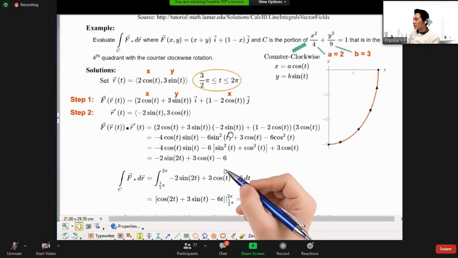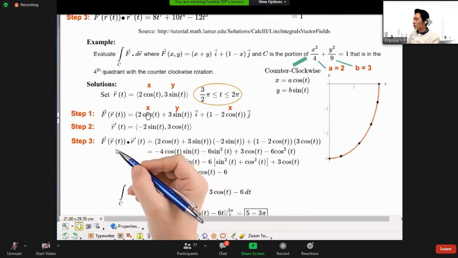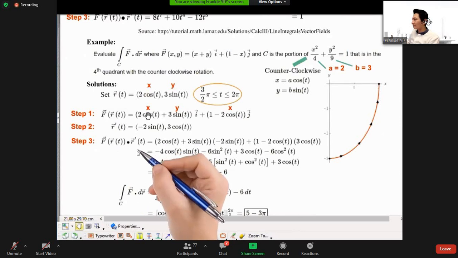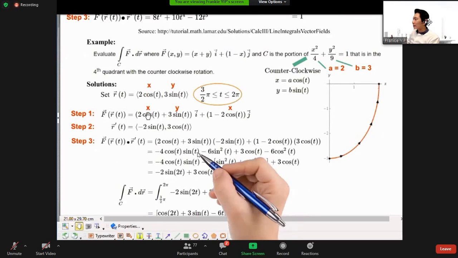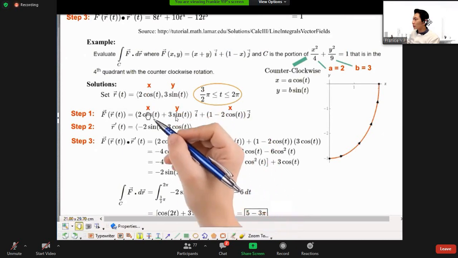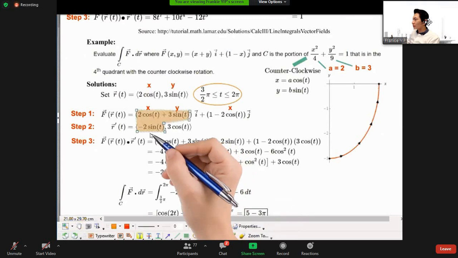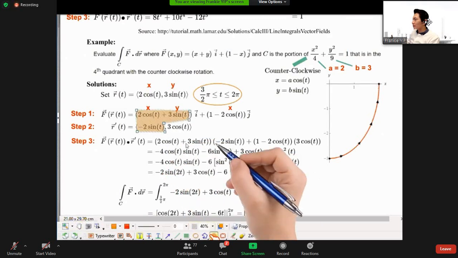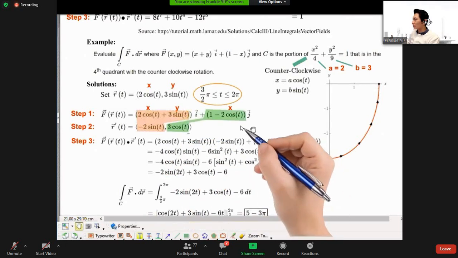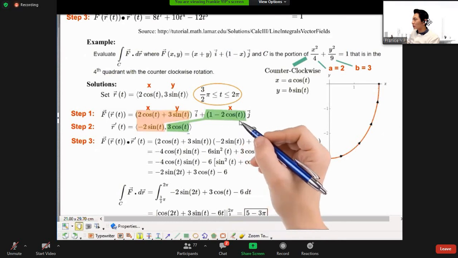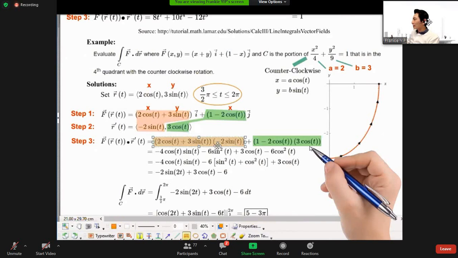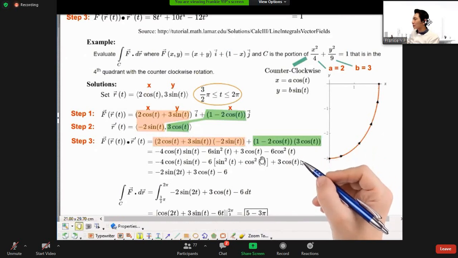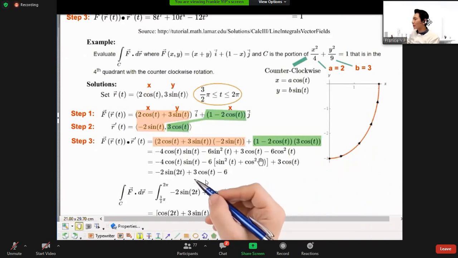And the next step, step 3, we dot these two together. Okay, by using the dot product, this one is multiplied with negative 2 sine t, plus 1 minus 2 cosine t multiplied by 3 cosine t, and then expand this and group it.